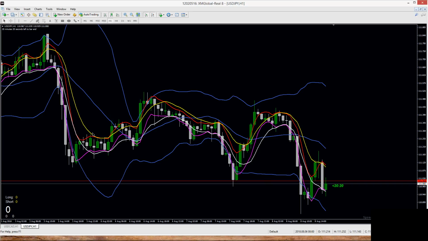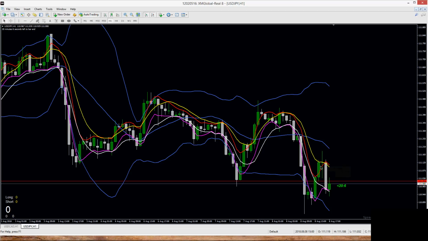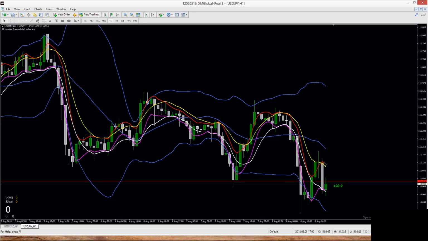When you have a re-entry that is rejected by both Mahi 5 and 10, that's a much stronger re-entry, as you can see over here. In this market, we have the candle rejecting Mahi 5 and Mahi 10.